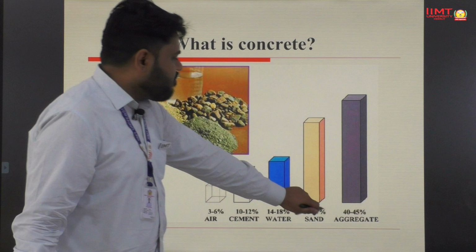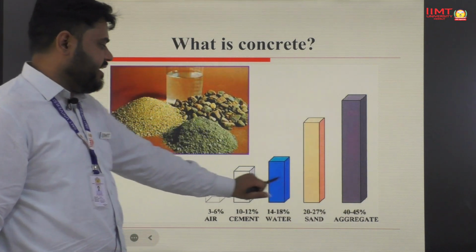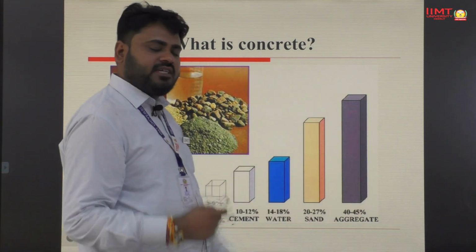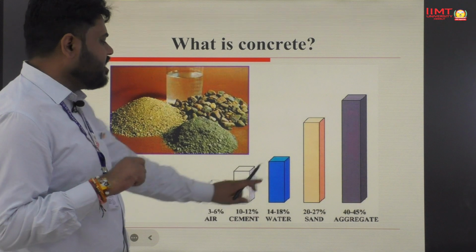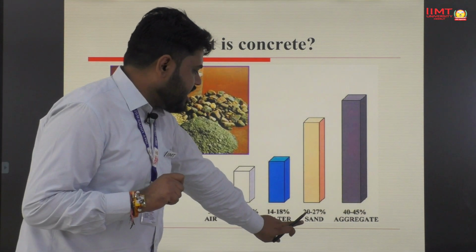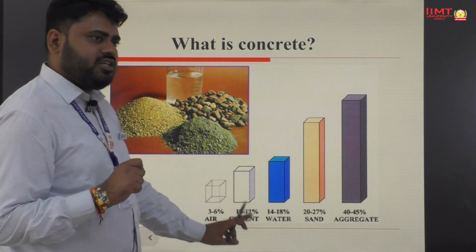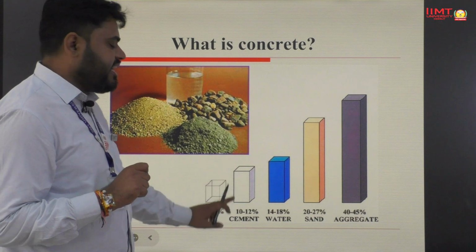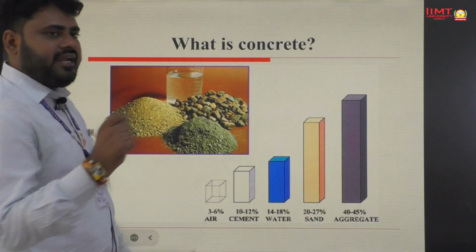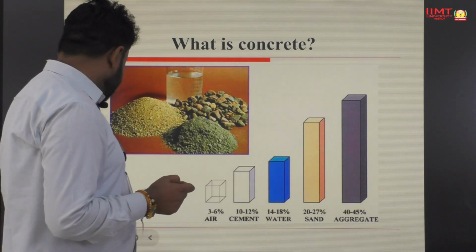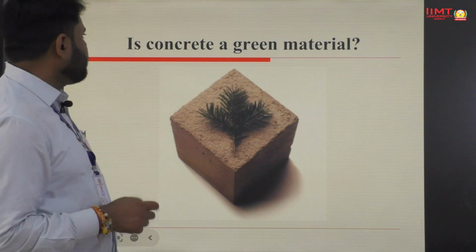So 40 to 45% aggregate, 20 to 27% sand of the total weight of concrete, then 14 to 18% water, 10 to 12% cement, and 3 to 6% air. Come to the next slide.